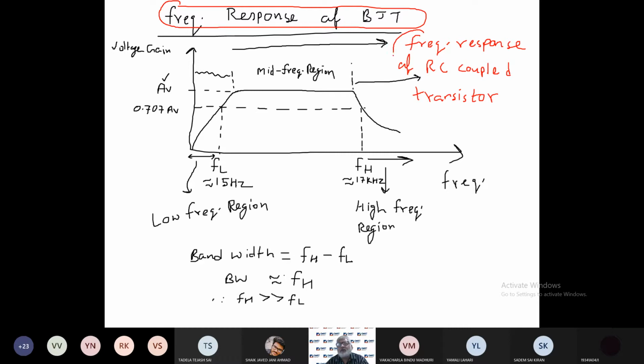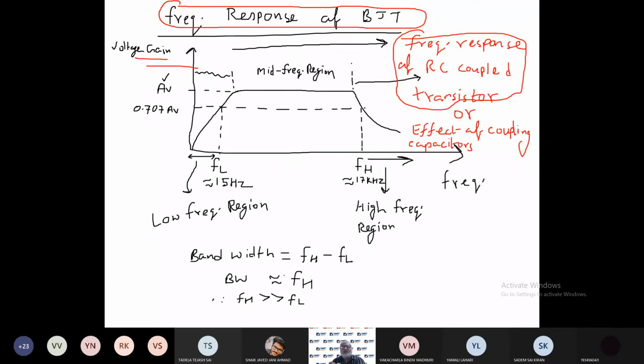This can also be the question, frequency response of RC coupled transistor or simply frequency response of a BJT or effect of coupling capacitors, right, on the voltage gain of a transistor.